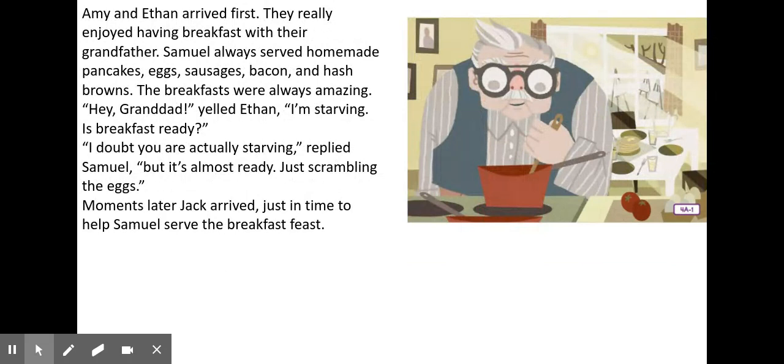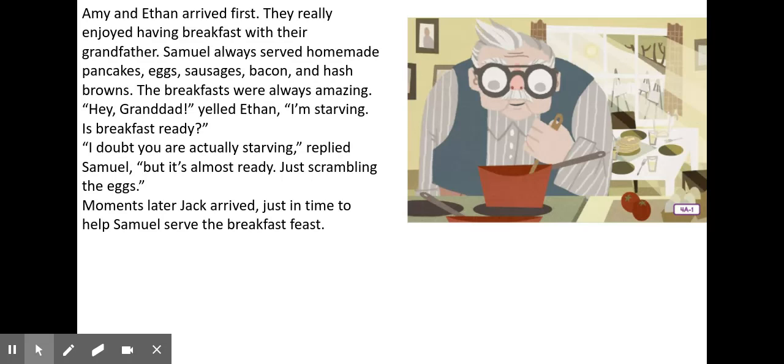Amy and Ethan arrived first. They really enjoyed having breakfast with their grandfather. Samuel always served homemade pancakes, eggs, sausages, bacon, and hash browns. The breakfasts were always amazing. "Hey, Granddad," yelled Ethan, "I'm starving. Is breakfast ready?" "I doubt you are actually starving," replied Samuel, "but it's almost ready.